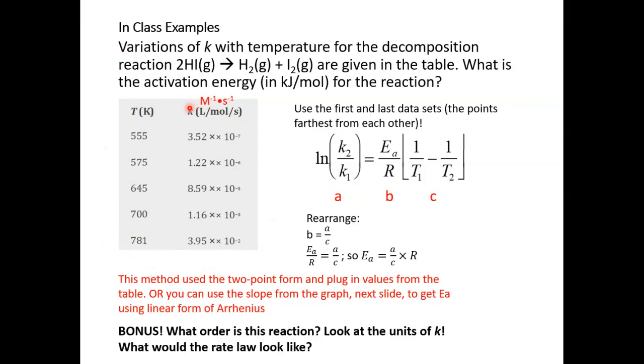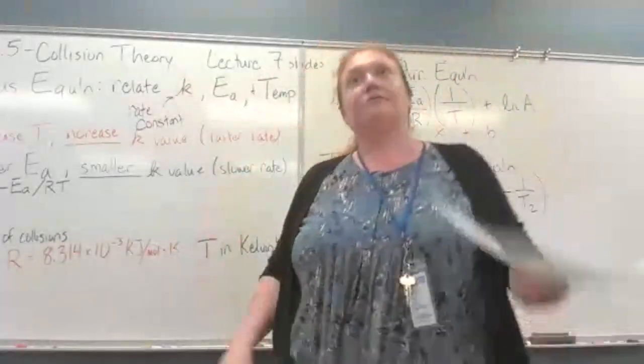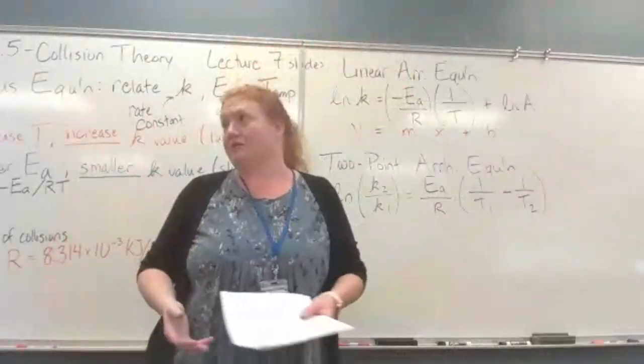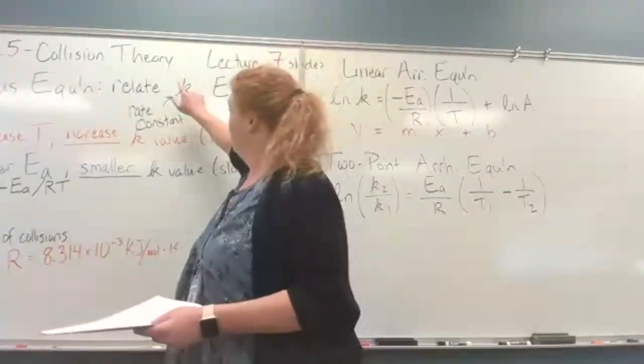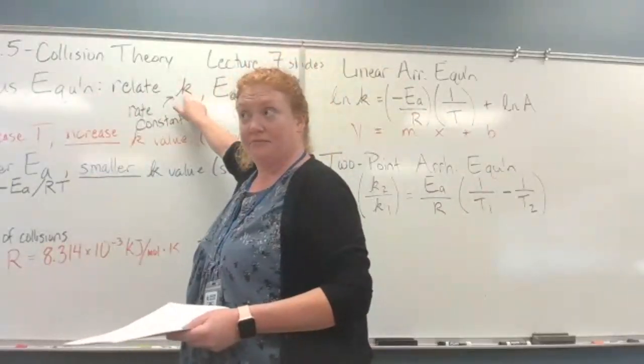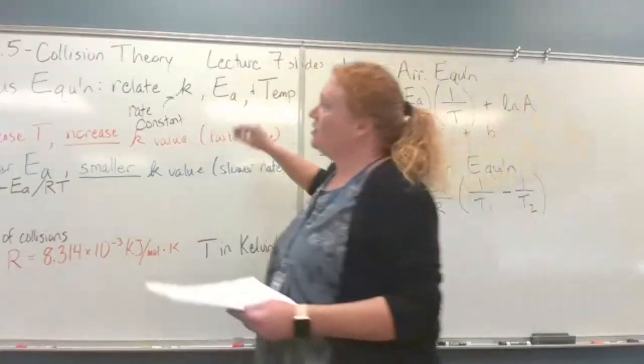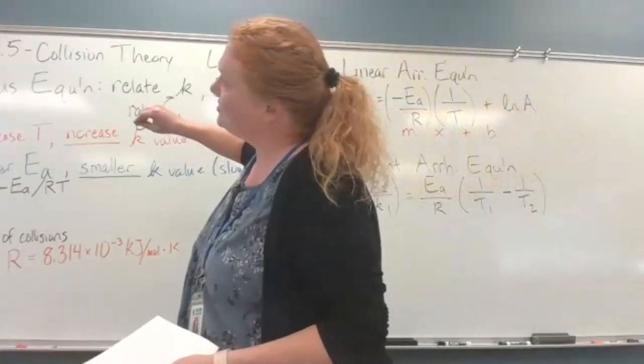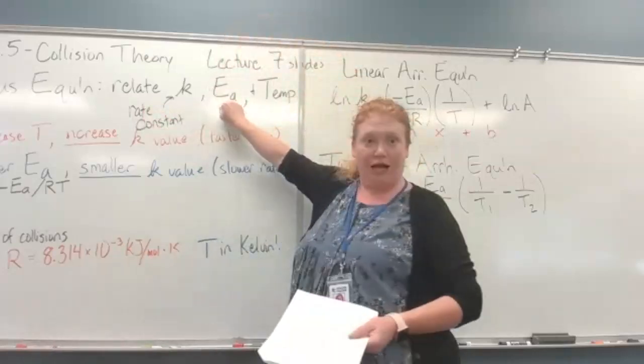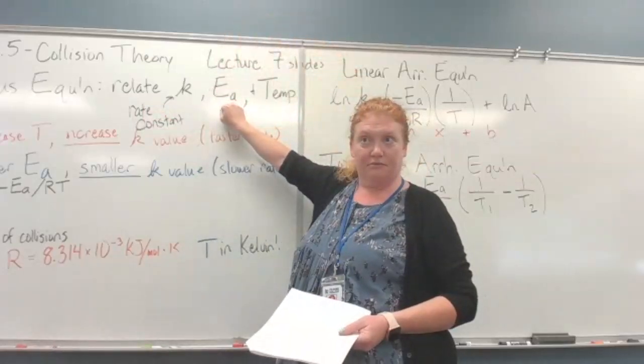Cool. Okay, I have a table of data because I'm going to create a graph for the second part of this. But normally in a problem, you're just given two k's at two different temperatures. You also are asked to solve for activation energy.